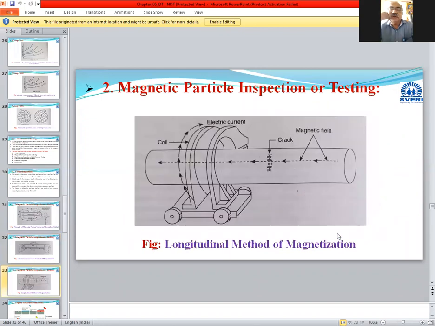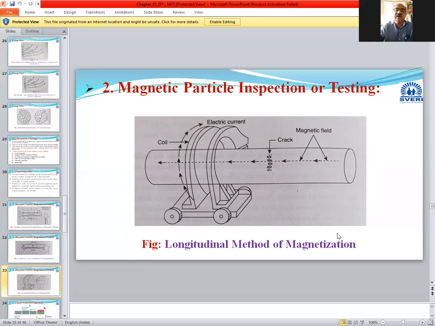So here we can apply different types of electrical coils around the component, and start the current. Current will flow through this component, and whenever a crack is there, around the crack a certain marking system appears, as given in these figures, and because of this the crack identification will take place.